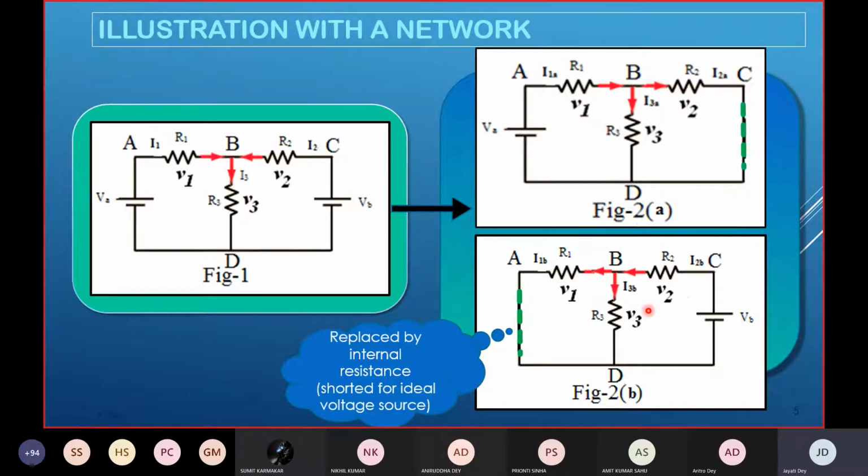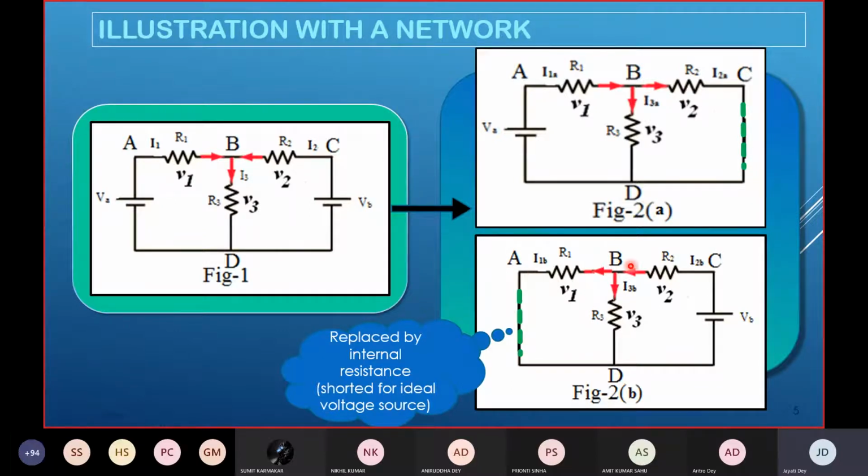On the other hand, when VB is considered only, then the VA part will be shorted and assumed to have zero internal resistance. So you see in the branch AB, when VA is acting, I1A is the current, and when VB is acting only, then I1B is the current flowing through the branch AB.